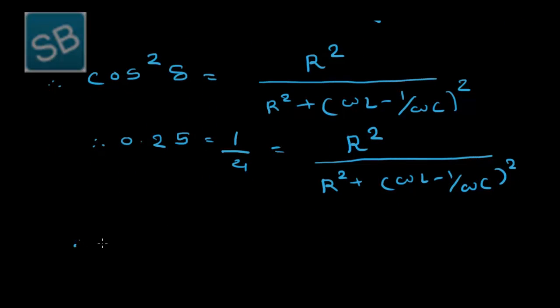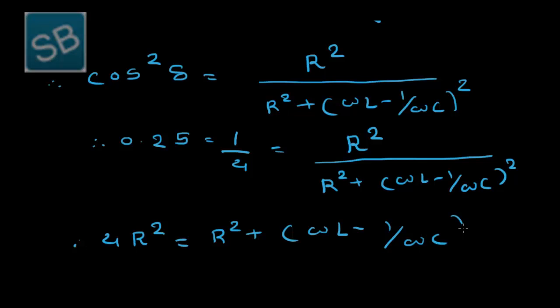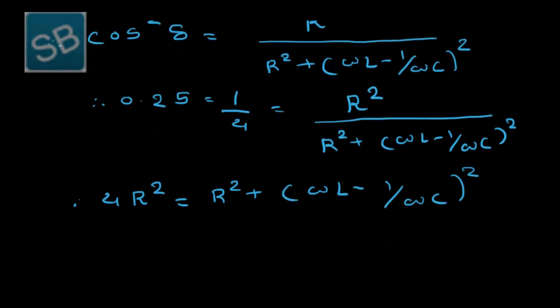Now cross multiplication: 4r square on the left hand side is equal to r square plus (omega L minus 1 over omega C) whole square.